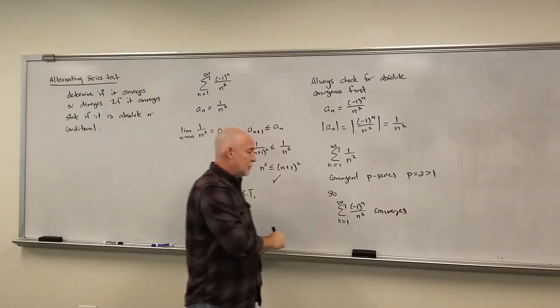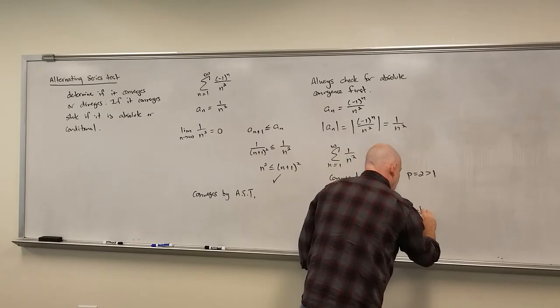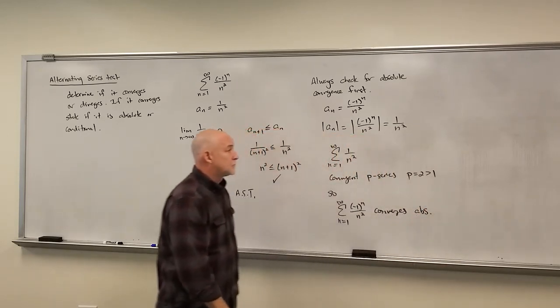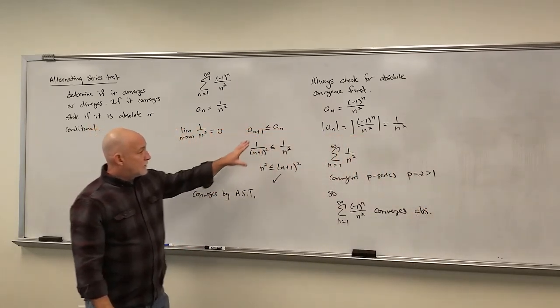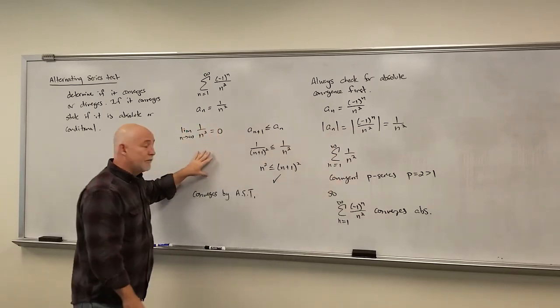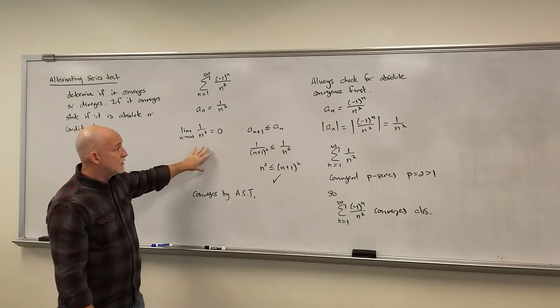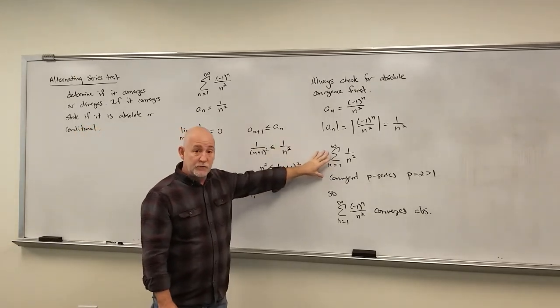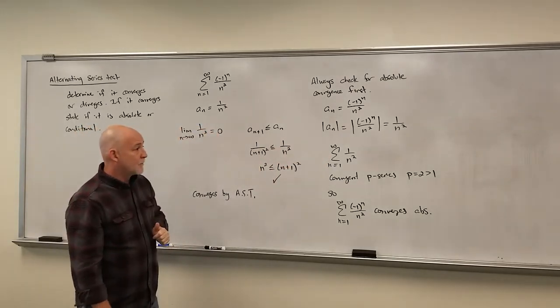But here we can be more specific and say it converges absolutely. So notice here that checking for absolute convergence actually negates some of this work, right? We didn't have to do this if we would have checked for absolute convergence first on this problem.